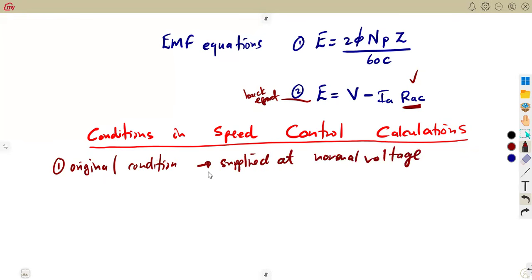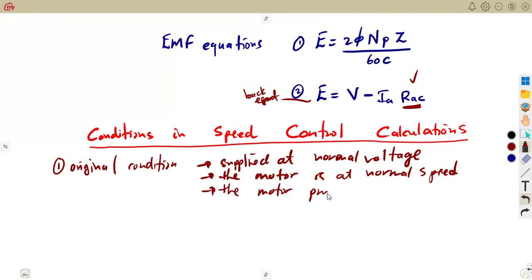And at these conditions, which is actually the original condition, the motor runs at normal speed. Remember we're talking of the motor, guys, is at what? Normal speed, the first speed that you'll be given, and also produces 100% torque.